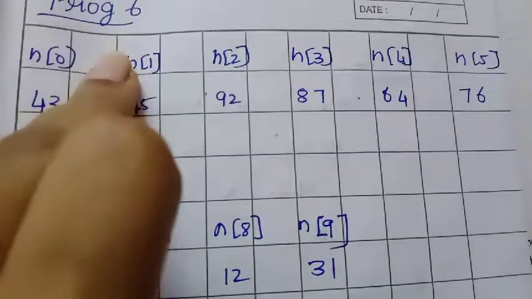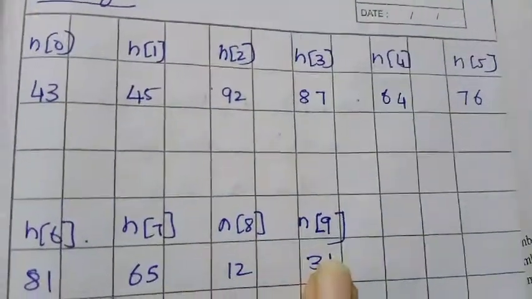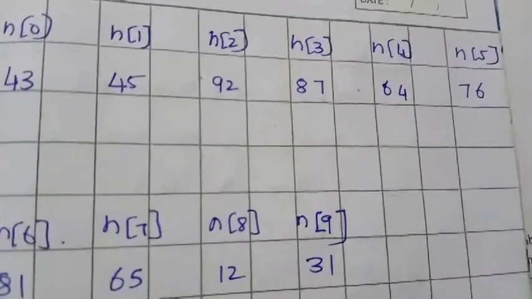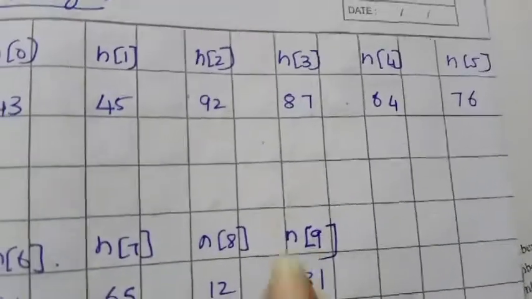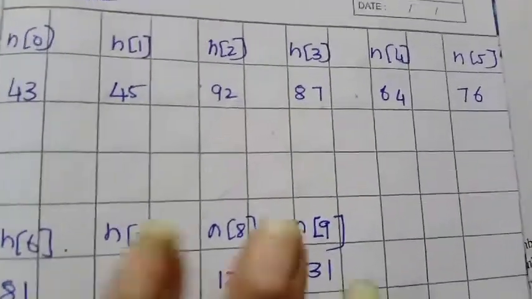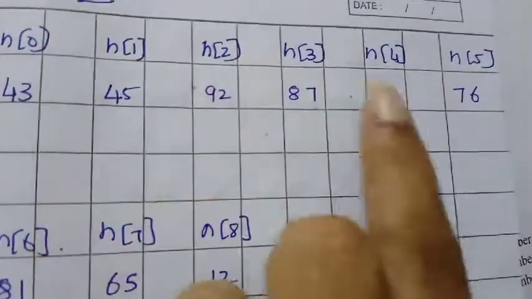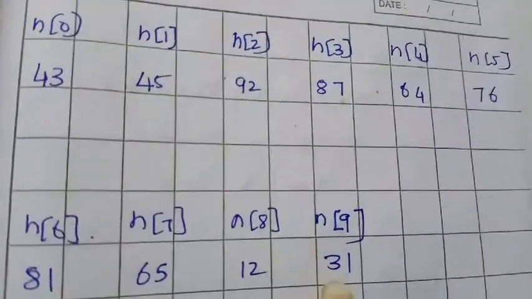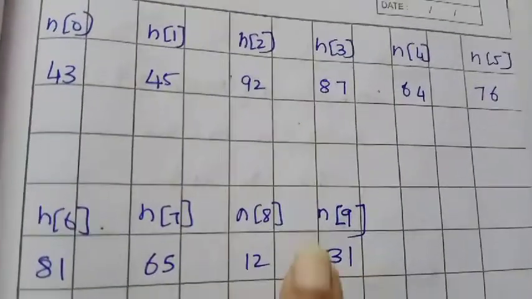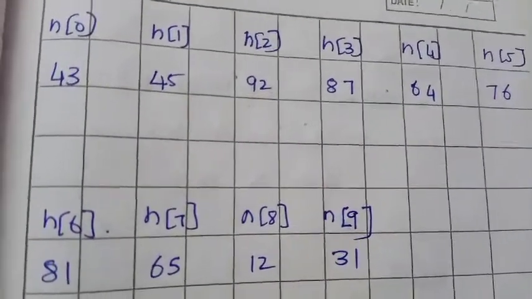So 31 will be going there, and 43, sorry, 45 will be coming here. Okay, so like that the smaller number will be found and will be going to the next position, and finally the last biggest element will be pushed on to the n of 9 place.